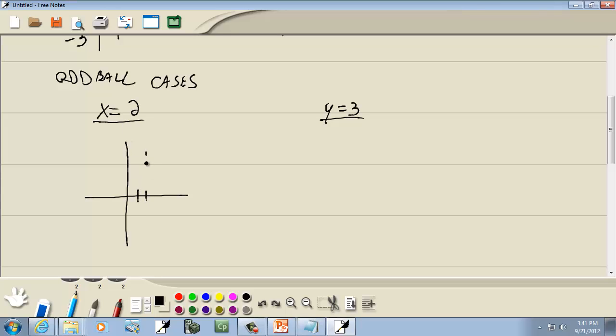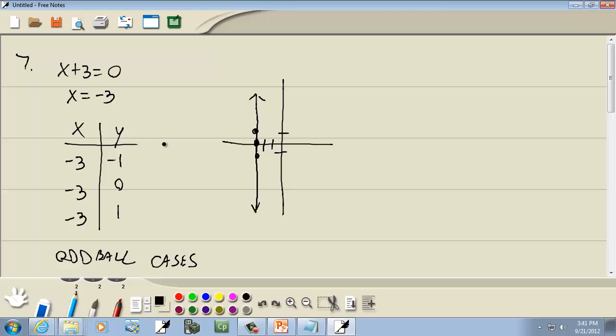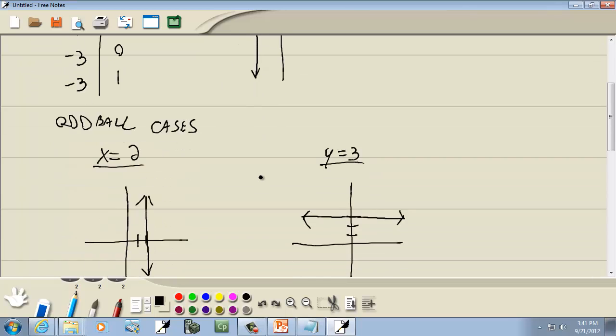So if I go to 2, that would be our graph. Now, if you got y is equal to a number, it's going to be a horizontal line at that number. So this will be y is equal to 3. And looks like that. So right up here, even though they told us to use point plotting for this, the fact I get x equals negative 3, it's a vertical line at negative 3. I wouldn't have to do anything special on that.